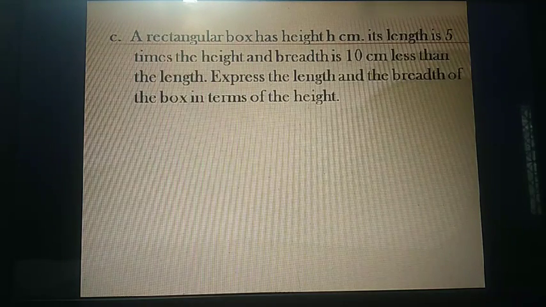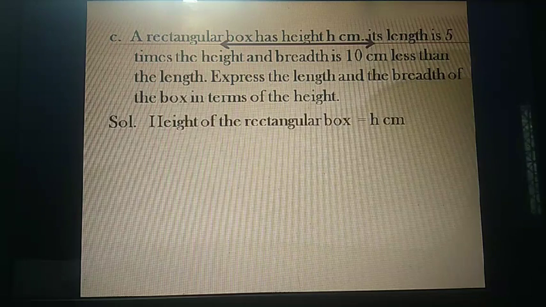Next, a rectangular box has height h centimeter. Its length is 5 times the height and breadth is 10 centimeter less than the length. Express the length and the breadth of the box in terms of the height. Box has height of h centimeter, so we will write height as h centimeter.